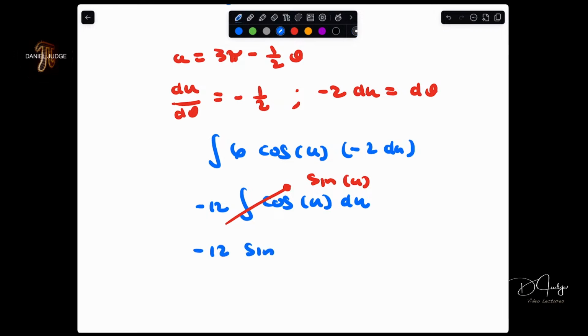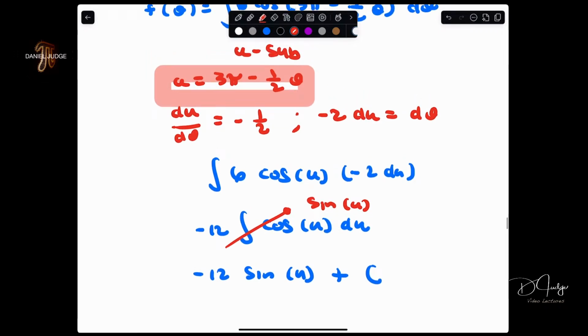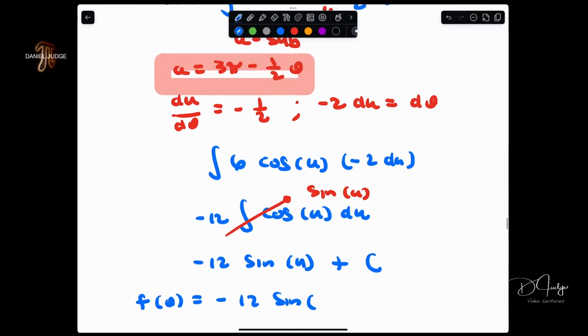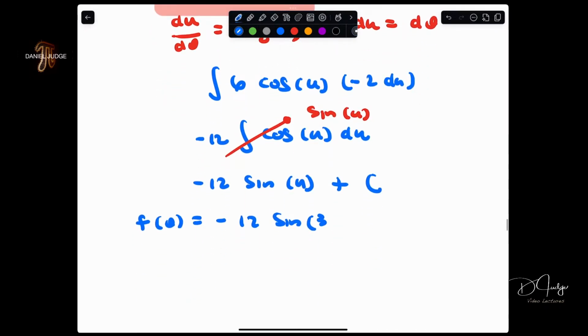Negative 12 sine u plus c, where u is, remember what we said in the first place. So, okay. There's our u. So f of theta, and u is 3 pi minus 1/2 theta plus c.